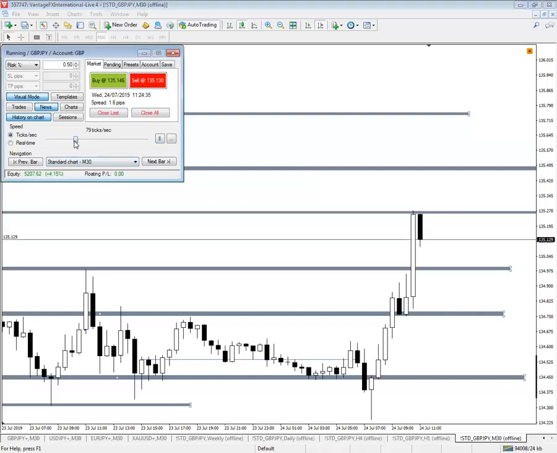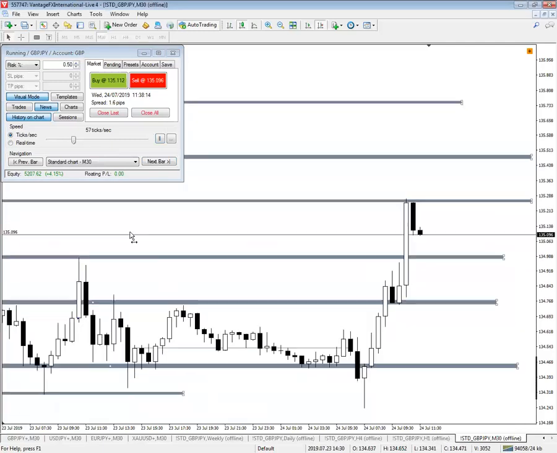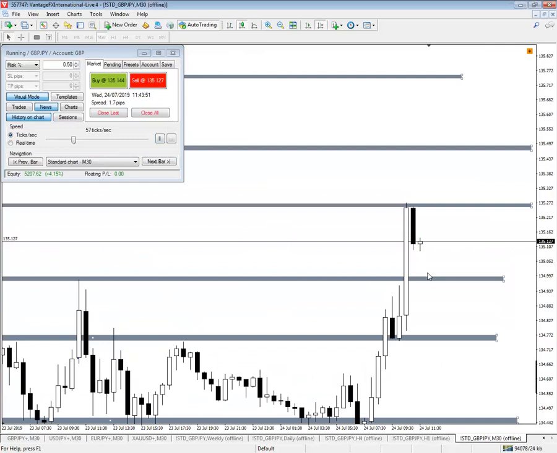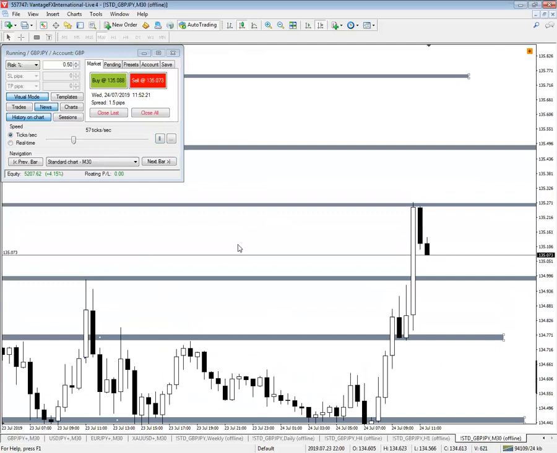So we can speed this up a little bit over here. The candle closed bearish, so our resistance has now been formed. So we're going to want to see a support formed, or if it can continue moving bearish and form a support at this area here potentially.